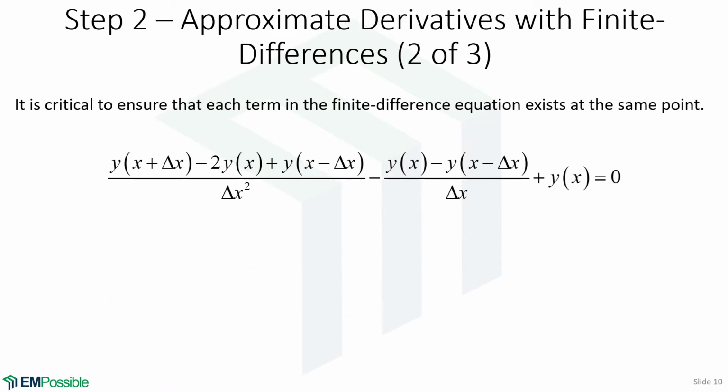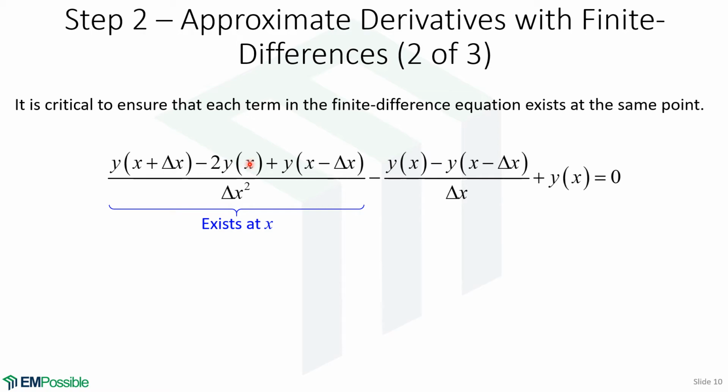But here's an important part about writing finite difference equations. Every single term must exist at the same point in space. If this also had time in it, I would also say every term must exist at the same point in time and space. Here we just have x. So we need to figure out where these finite differences are defined. If we look at the first term, well, that's really calculating the second order derivative at x, right?